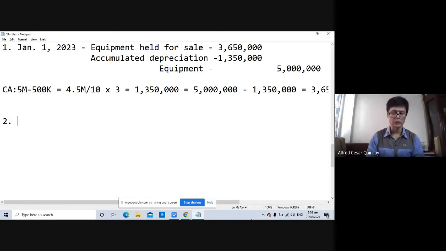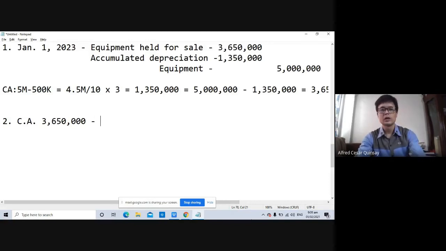So you look at the carrying amount as of January 1, 2023, which we computed earlier as 3,650,000. That's the computation in number 1. Then you compare it with the fair value less cost of disposal, not just fair value.